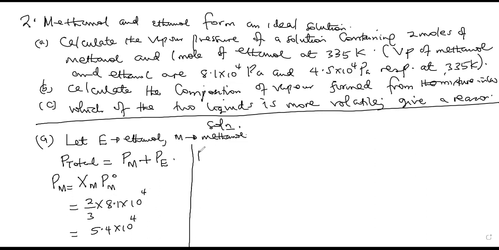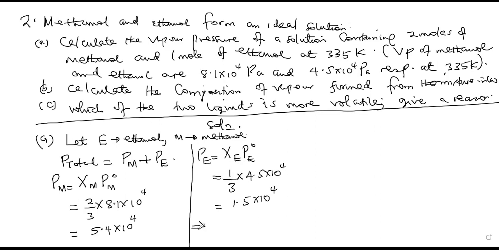Then I also look for the partial pressure of ethanol, which is equal to the mole fraction of ethanol times the vapor pressure of ethanol in its pure state. So the mole fraction of ethanol is 1 out of the total 3 times its vapor pressure in its pure state, that is 4.5 times 10 to the power 4. So the partial pressure of ethanol is going to be 1.5 times 10 to the power 4.